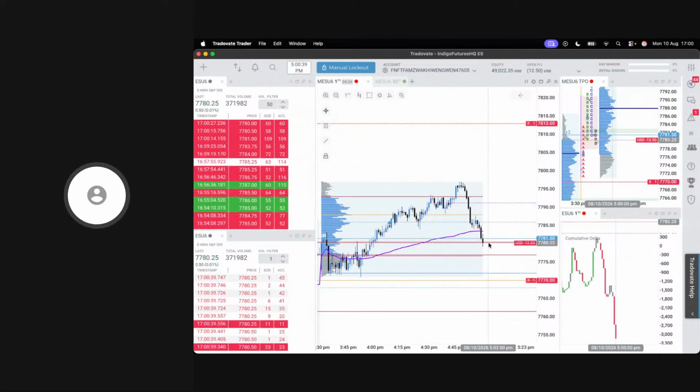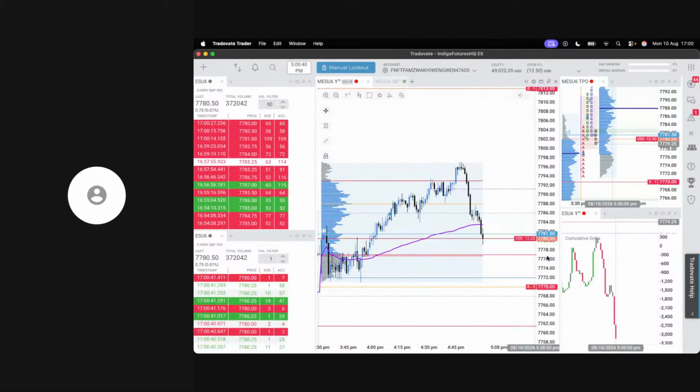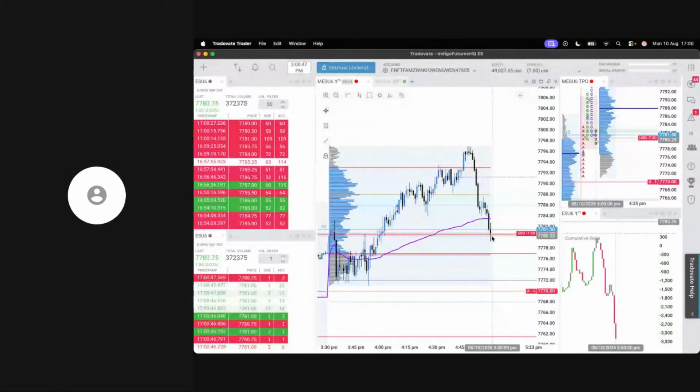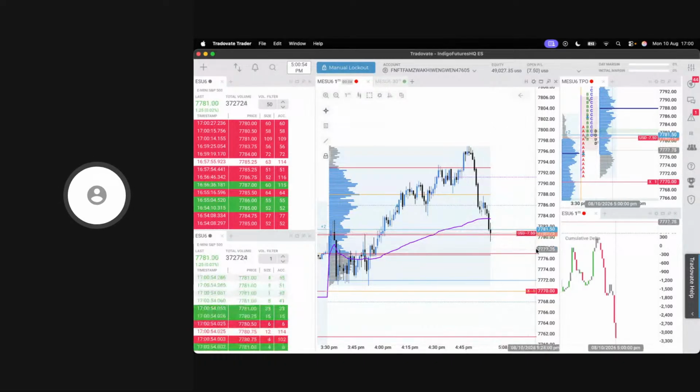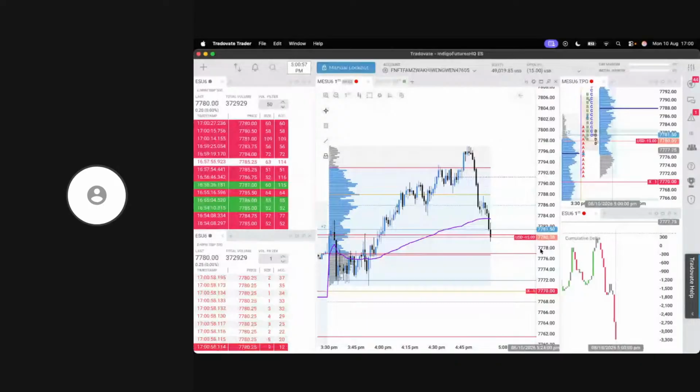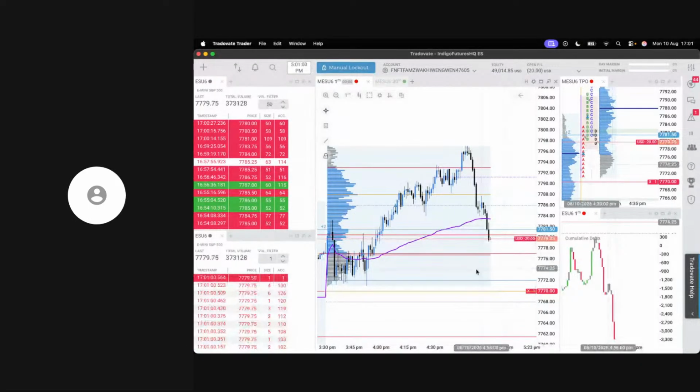Previous day value area high. If this can't hold, then yeah, I'm probably gonna Dalton from there. Hectic.